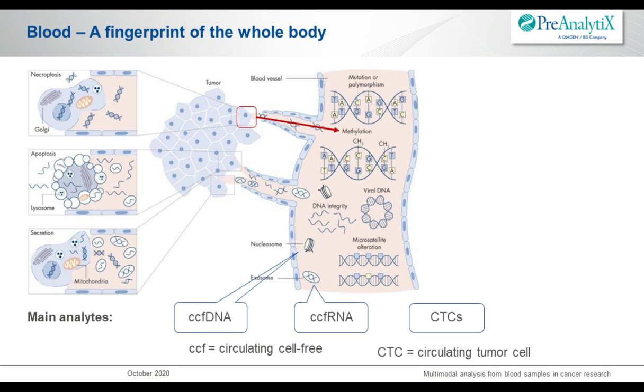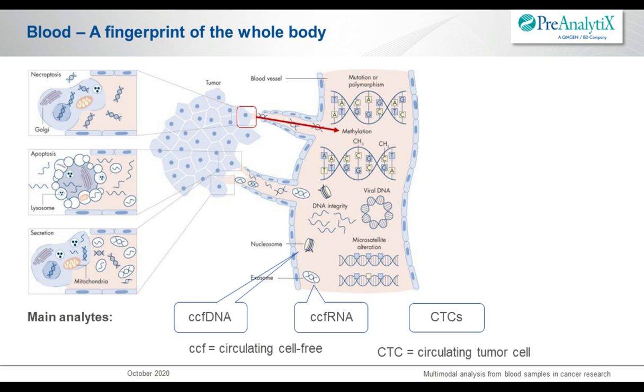So these nucleosomes shown in the blood vessel on the lower part contain ccfDNA, so circulating cell-free DNA, which is wrapped around the histones and normally in this mononucleosomal fragment of a length between 160 and 180 base pairs.